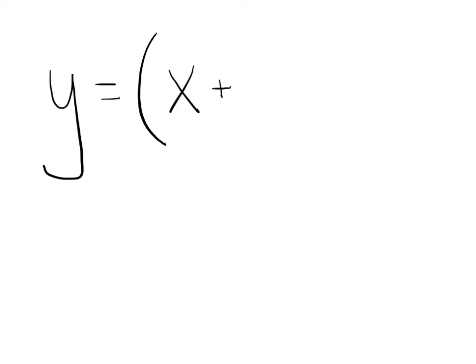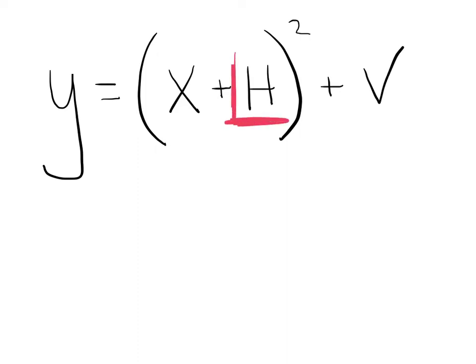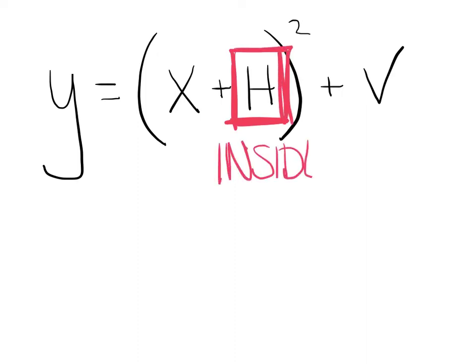Now, let's talk about our shifts. y equals, I'm going to say parentheses, x plus h, squared, plus v. And I want to talk about what these stand for. I want you to kind of box this term in here. Notice that it's inside, and it's very important that we get this down.